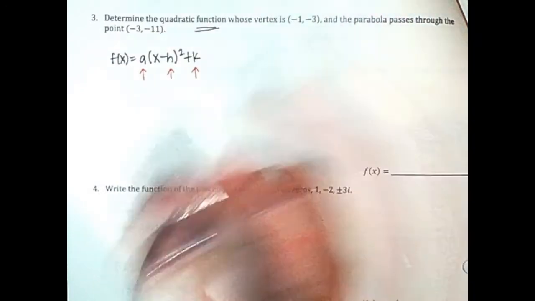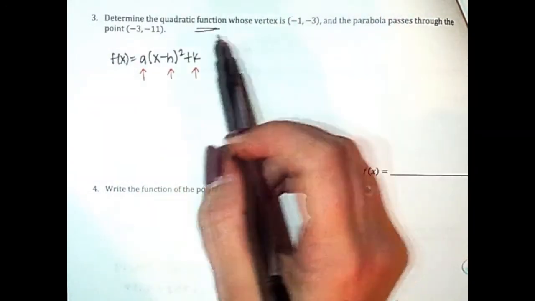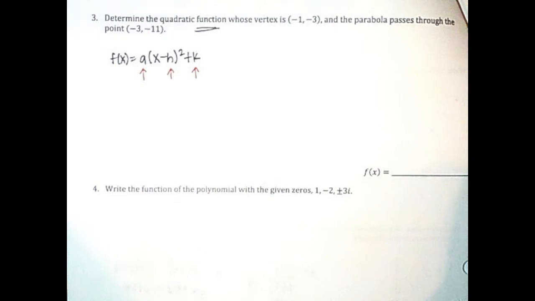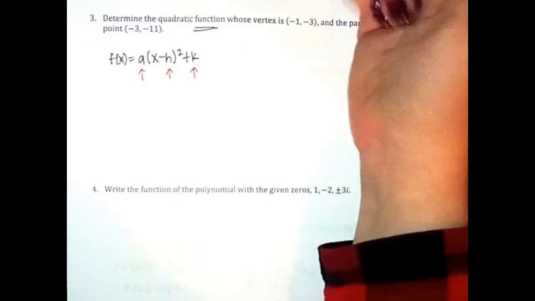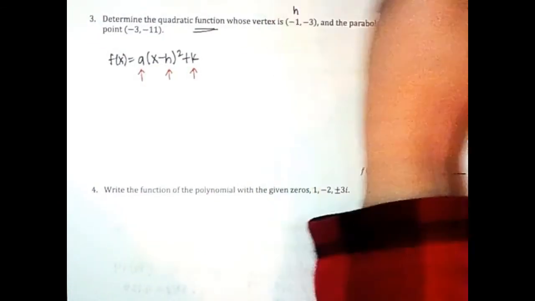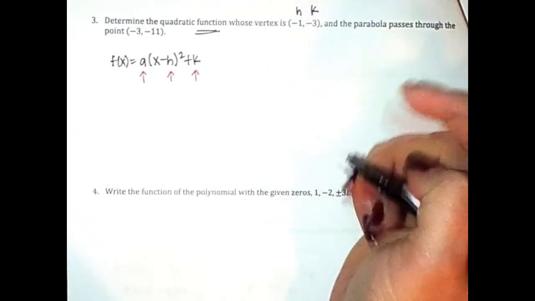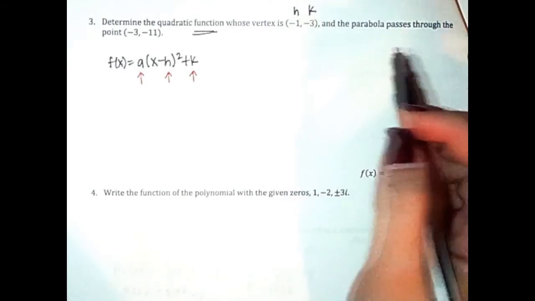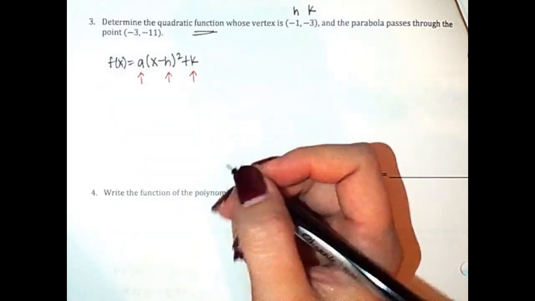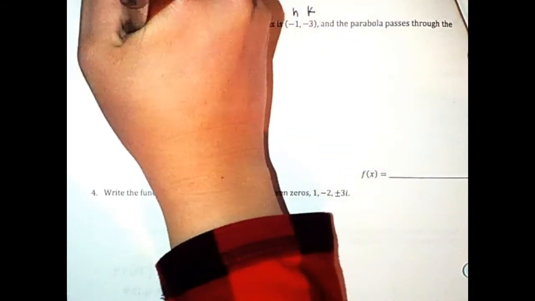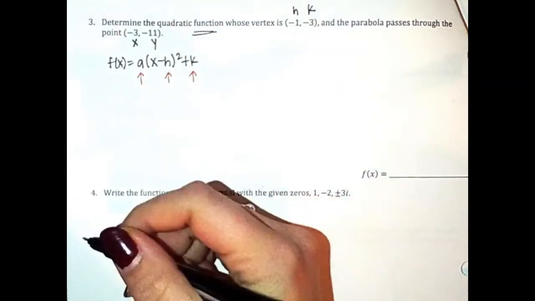So I'm looking at my given information and it says my vertex is at negative 1, negative 3. So my vertex, which is my x is my h value, and y is my k value. And the parabola passes through the point negative 3, negative 11. So that's giving us an x value and a y value that's on the graph.